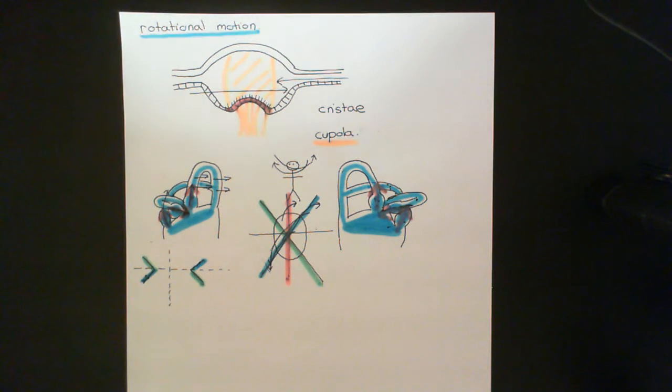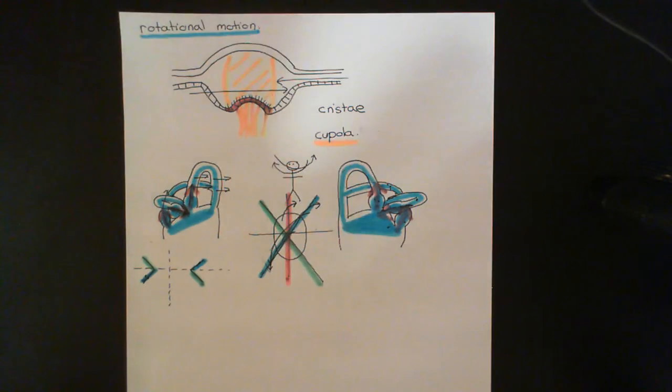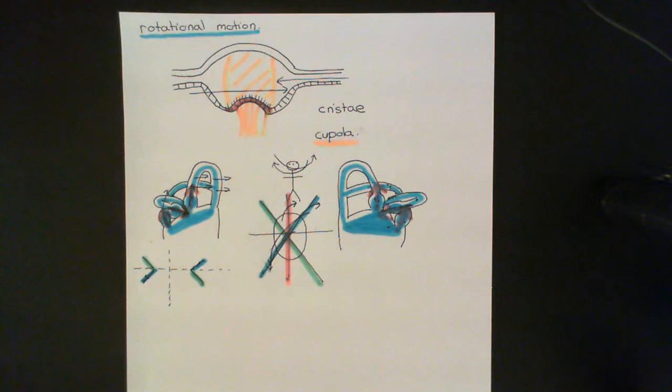When one of the semicircular duct pairs is involved, one of them will be activated and one will be inactivated. By looking at the ratio of involvement of the different pairs of semicircular ducts, you can then in principle work out what sort of an angle the head is currently rotating at.